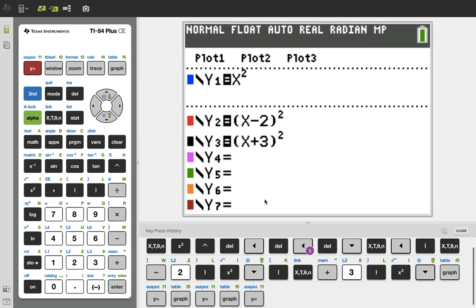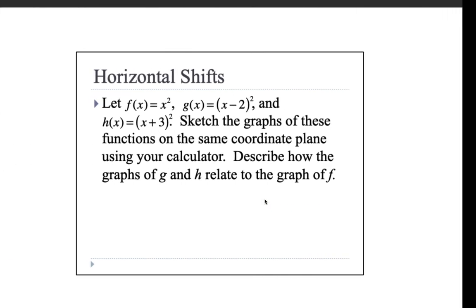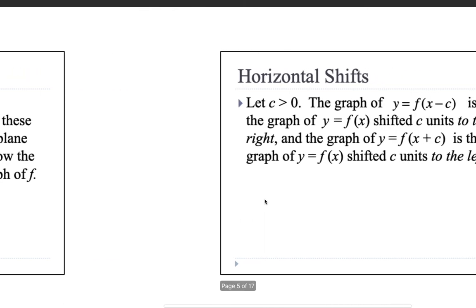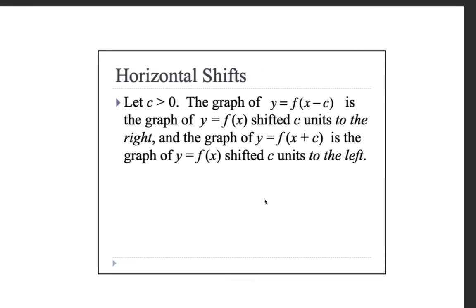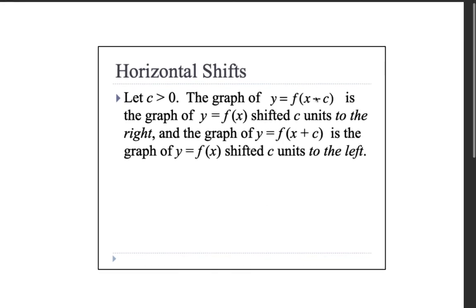And so even though this does apply for a quadratic, this works for any function. It turns out that any function, whether it's x squared or the absolute value of x or the square root of x or any function, if we are subtracting c inside, and again c is a positive number, we're going to shift c units to the right, which is the opposite of what you would think.